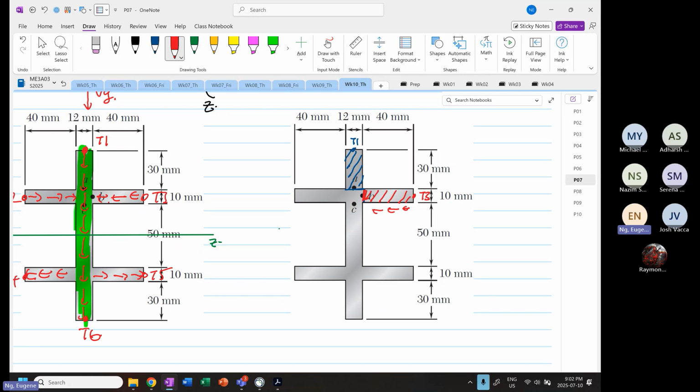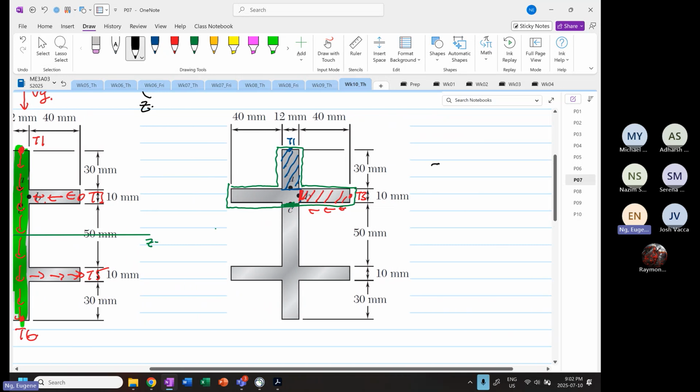And then you ask me, Eugene, how about C? To consider C, you have to take this entire area over here. Because all the flow will go into C. Okay, so the formula to use is still the same. Shear stress is equal to VQ over IT.